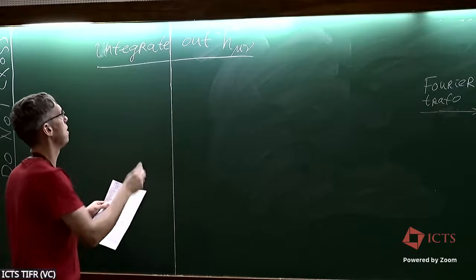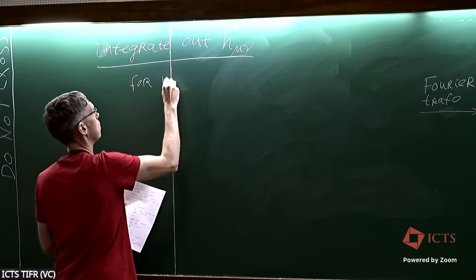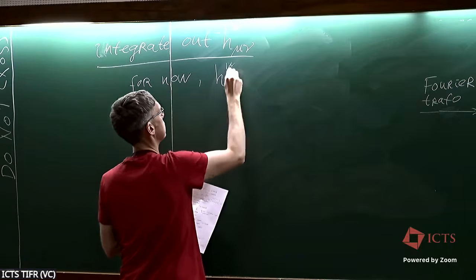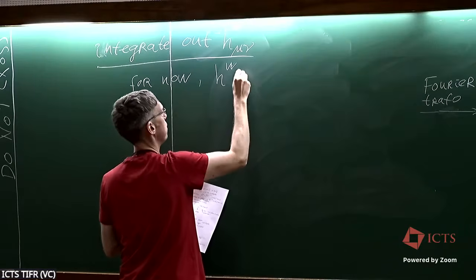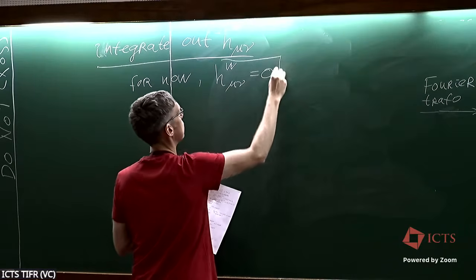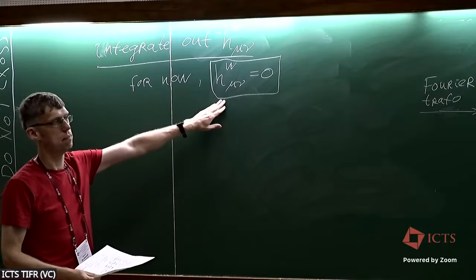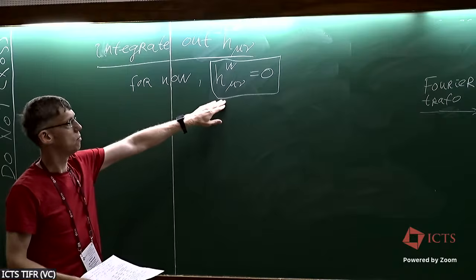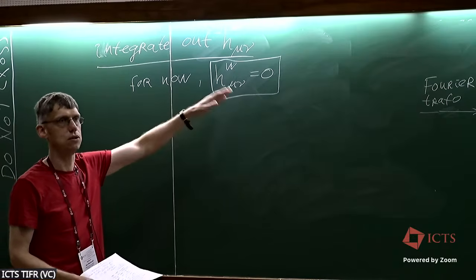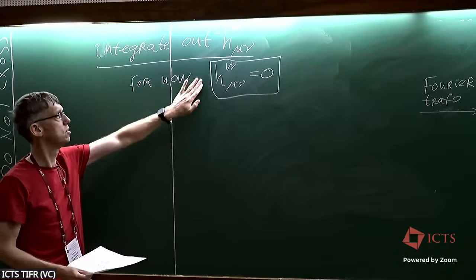And for now, we neglect the gravitational wave scale piece of the field. We'll put it back in later, but in general, one should keep it in the calculation as well as an external background field. But for simplicity, let's put it to 0 first.